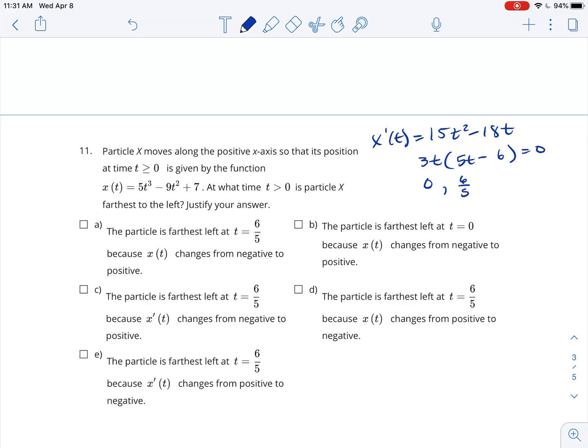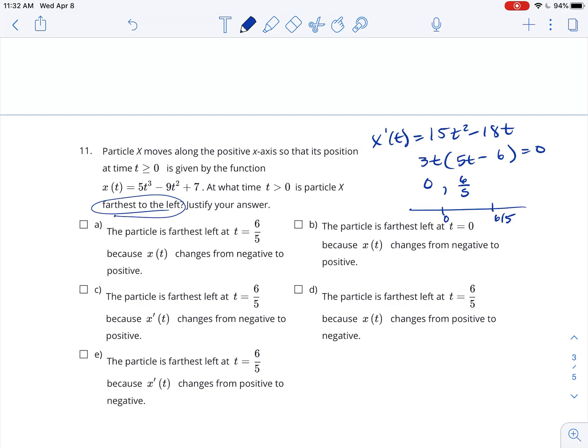And when I factored out, 0 and 6/5, okay, so if you're going to be furthest left, we're going to find out where this particle is going.